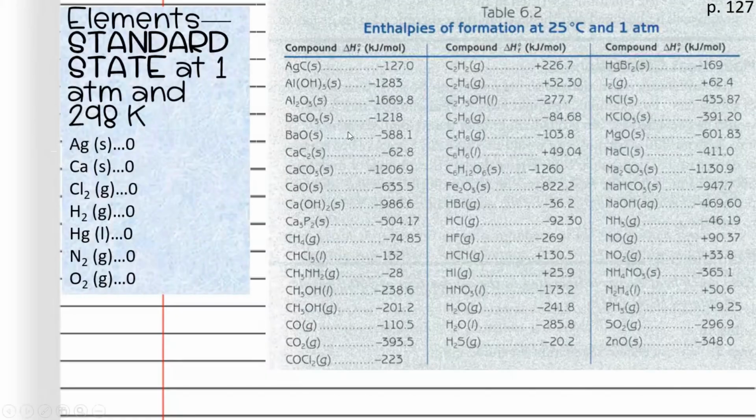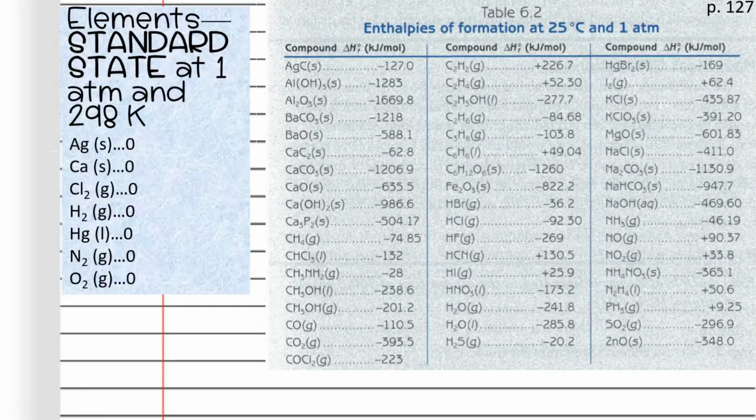This is the change in enthalpy to put the raw elements together and have them react, just like what we saw with the hydrogen plus the oxygen yields the water. So the heat of formation is just the change in enthalpy. It's not the absolute amount of energy it takes.